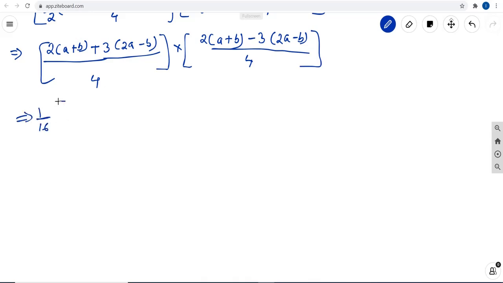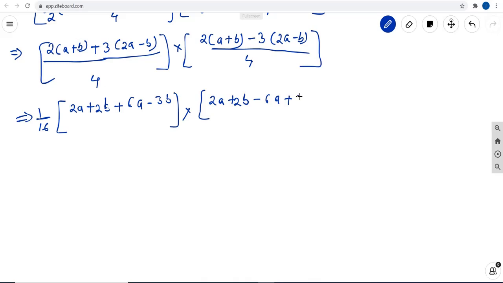If I open this bracket, this becomes 2a plus 2b plus 6a minus 3b, this is one term, into one more term, which is 2a plus 2b minus 6a plus 3b.